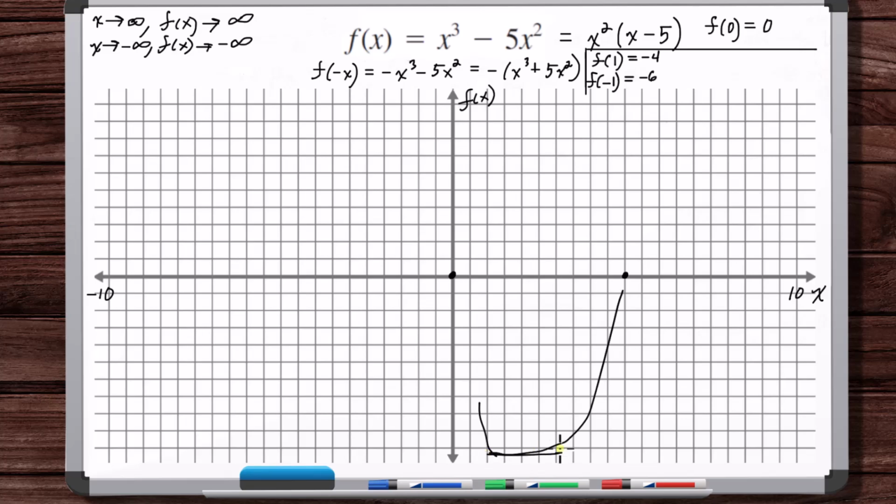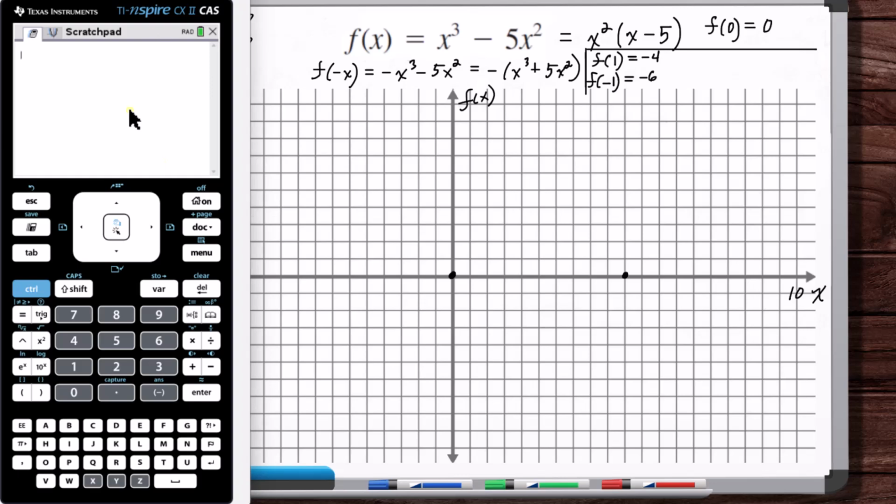I'm not sure. That's not an official math statement, but the middle point will definitely give you the best sense for how far that turning point dips or peaks. So, okay, let's do this. x cubed minus 5 times x squared.